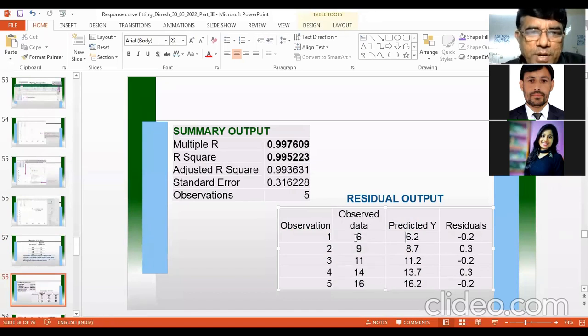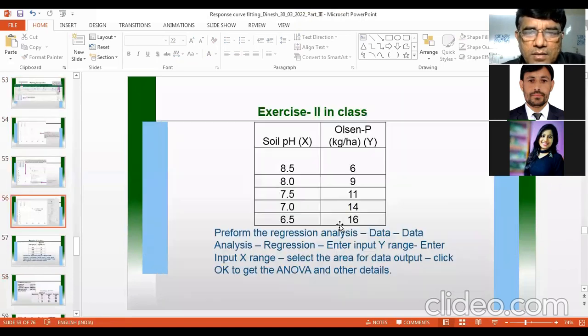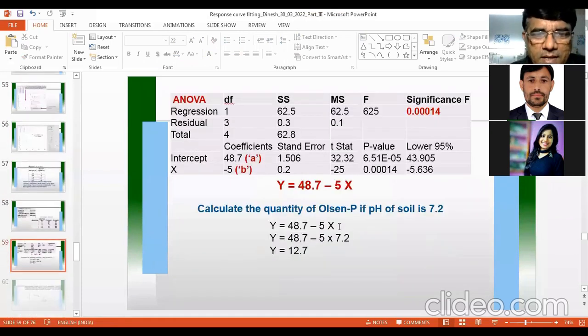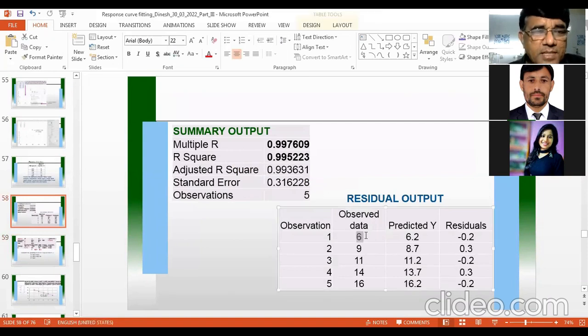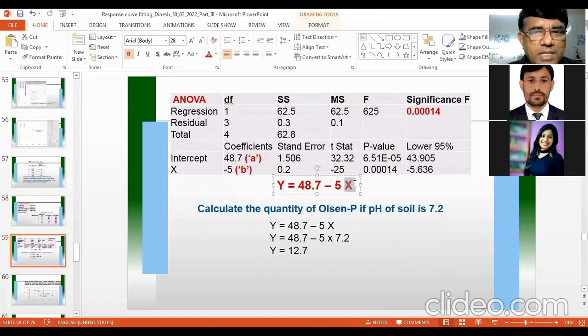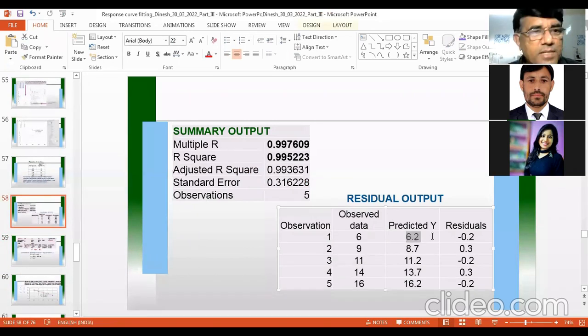Means in the equation, I have not shown you the equation here. Yeah, this is the equation. In the equation, if you put 6, the actual data, as the value of X, then you will get the predicted value, which is 6.2.